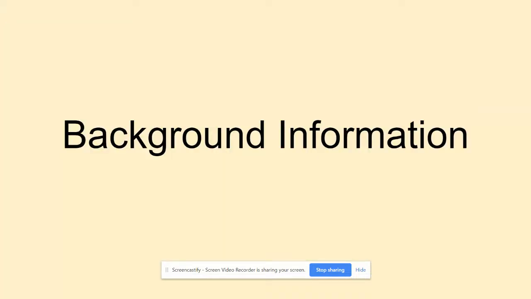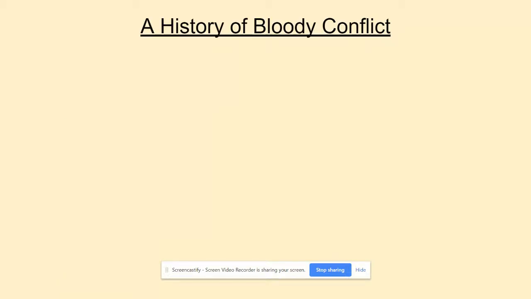So some background information before we get going. We have to know where Europe has been and why the European Union even exists in the first place. Going all the way back to some of the early civilizations of Europe, which you'll learn about in 7th grade, there's one theme, and that theme is conflict. There has been a lot of conflict in Europe historically over time.